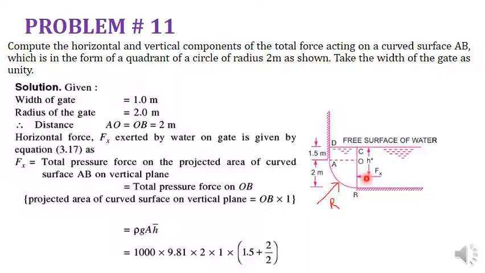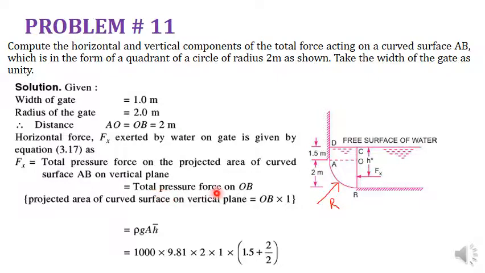So the plane OB is the vertical plane, and the horizontal component can be determined acting normal to that plane. This horizontal component Fx is a component of the total resultant R; one component will be Fx and the other will be Fy.